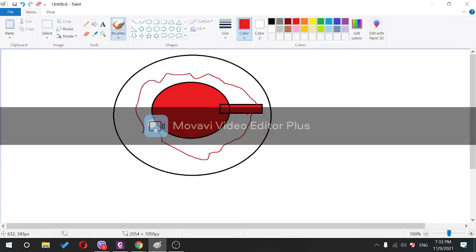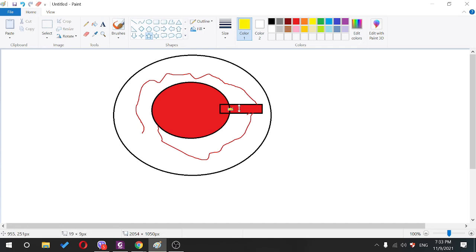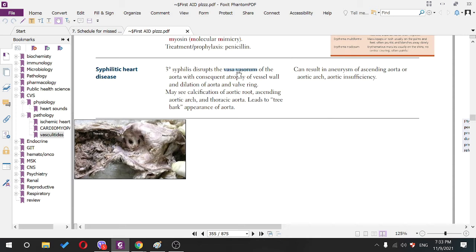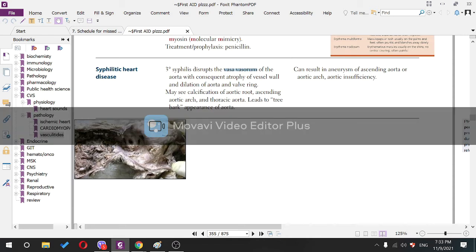Okay, so in case of syphilis, the area that will be affected is which one? It will be this one. Okay, the vasa vasorum.